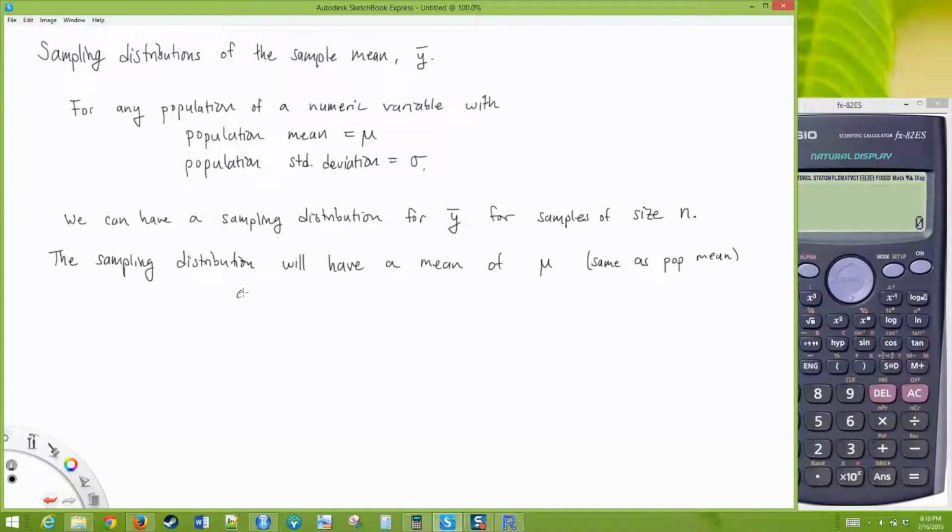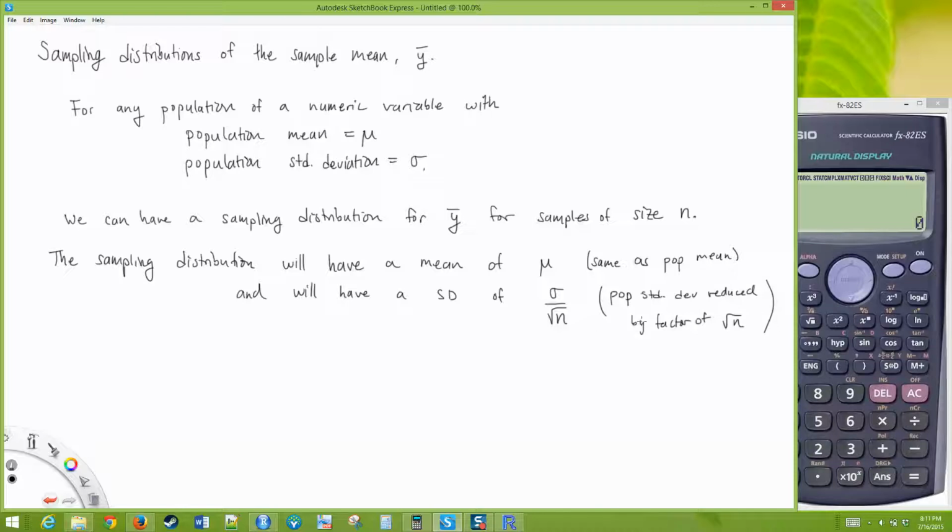Okay. And we'll have a standard deviation of sigma divided by the square root of n. So this is the population standard deviation reduced by a factor of root n.